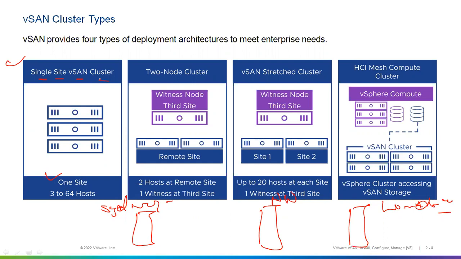So if I am talking about single data center, single network fabric, that is my single site vSAN cluster deployment. How many nodes can we take? In a single site standard cluster, we can put 3 to 64 hosts. Minimum 3, and you can go up to 64 hosts. Also, it is not like you are limited to one site, one cluster.